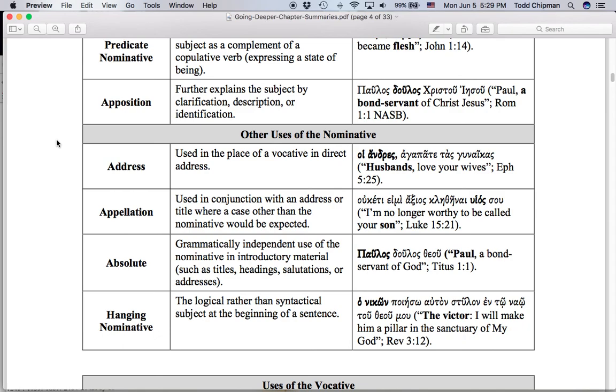I am no longer worthy to be called your son. And son here has this sort of quality about it that it's almost titular. And the nominative of appellation has that idea to it.